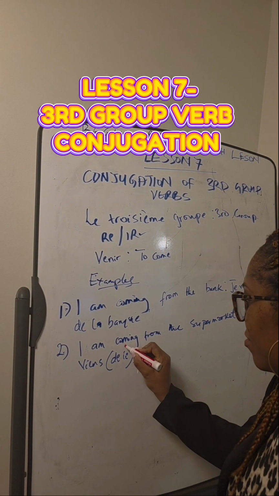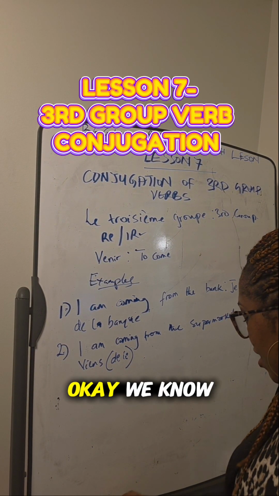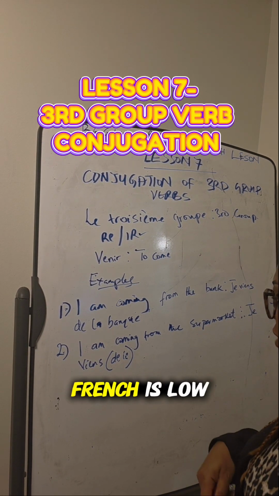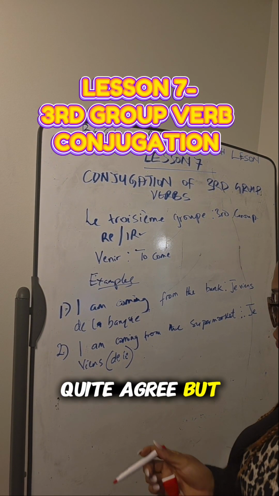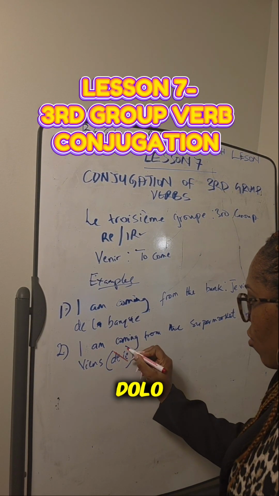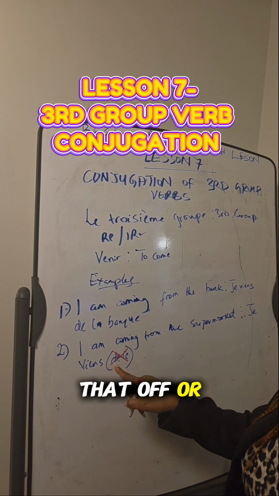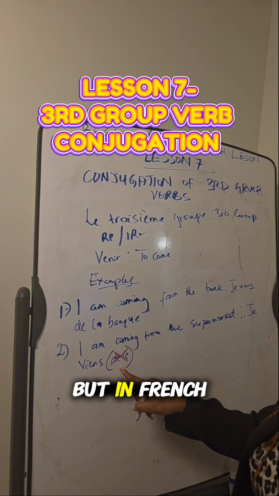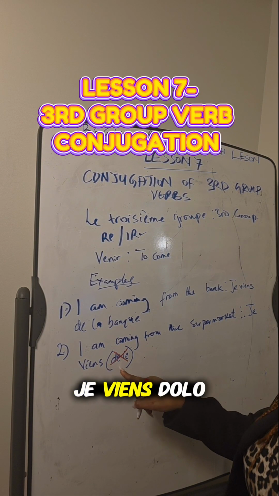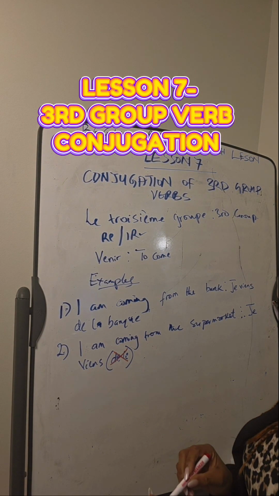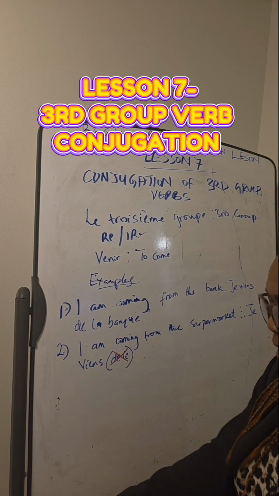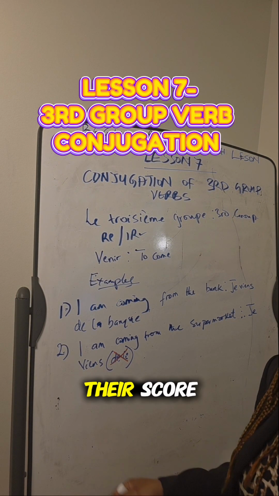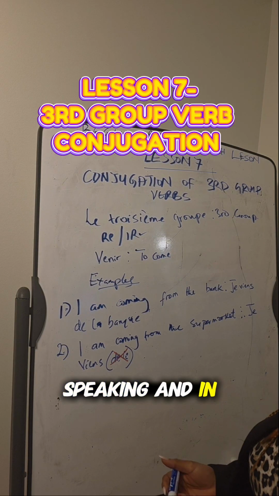This is wrong. We know that "the" in French is le. Quite agree. But you cannot say "de le". And we know that "of" or "from" is de. But in French, you can't say je viens de le supermarché. This is one of the cardinal sins that cost a lot of TCF exam candidates their score, especially in their speaking and in their writing.